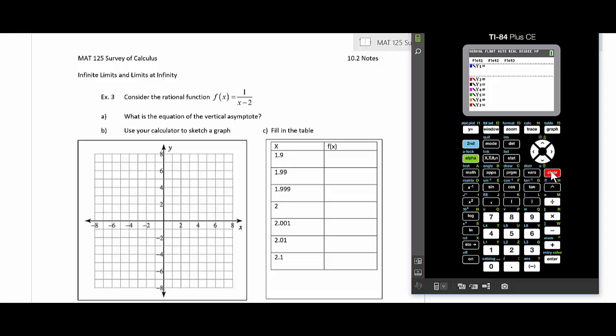X equals 2. Okay, let's start by doing this. Go ahead on the graph I gave you. When you do a vertical asymptote, just label it by dashed lines like that. So that's there. That needs to be on your graph. And then let's use the graphing calculator to do the rest. So I'm going to do 1 divided by, and make sure you have parentheses, then x minus 2.